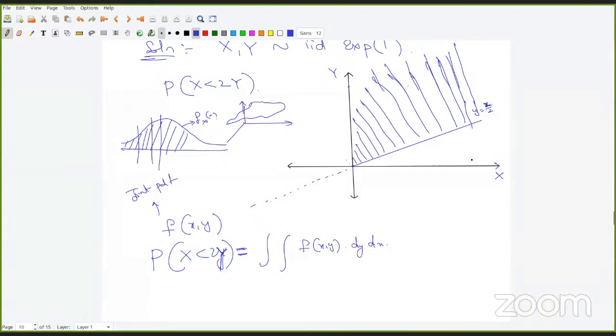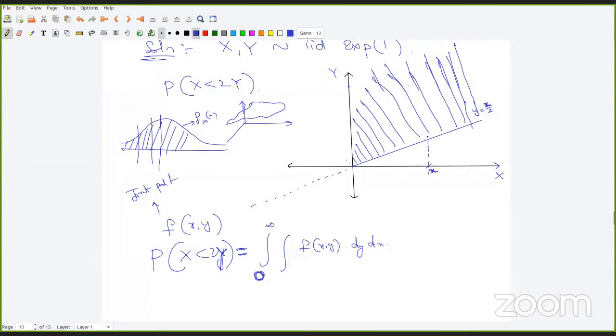So you fix the interval limits for x: 0 to infinity. Once you fix the limits of x, you take some x and find the limits of y.